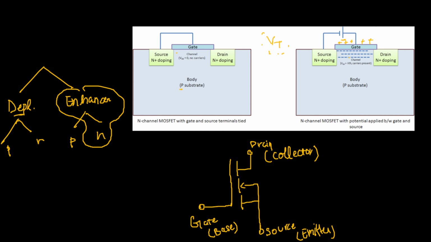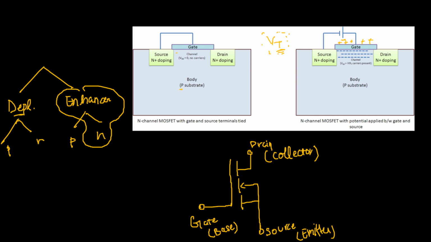That means some of the electrons do get pulled, but the amount of electrons that are here is not good enough to form this channel. So we need to increase the positive voltage that is applied to a certain amount. That threshold is what we call the threshold voltage that is denoted by Vt.